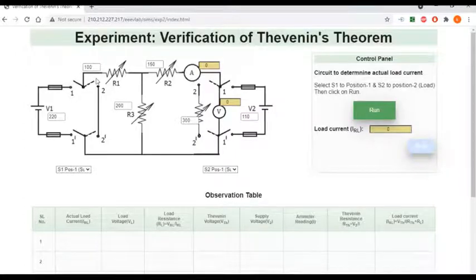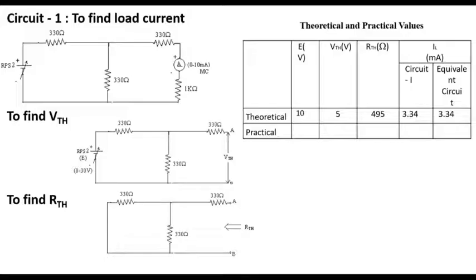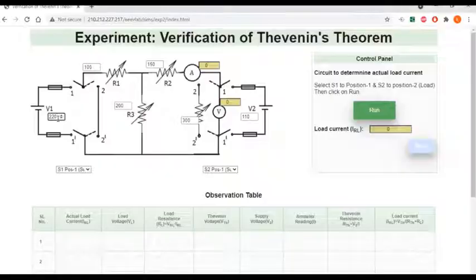This is your Thevenin circuit. We will keep the values whatever is in the circuit that we have seen. Voltage is 10 volt, 330, 330, 330 ohms, and load resistance is 1 kilo ohm.